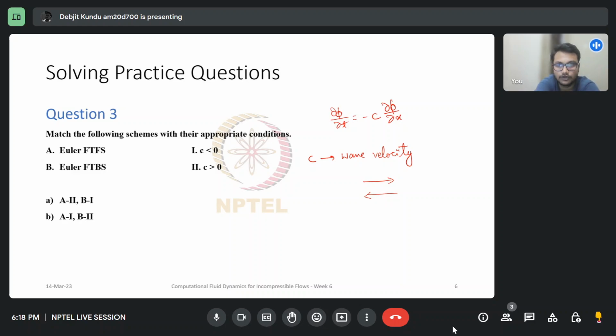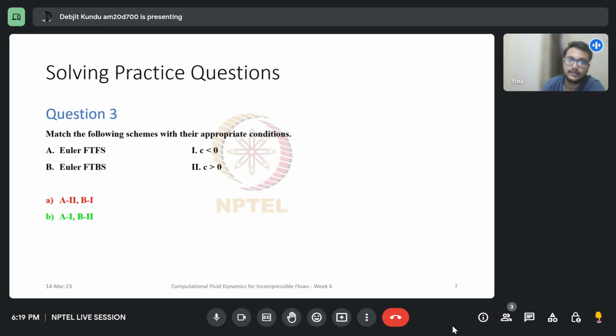And we have only two options. So we have A2 B1 and A1 B2, meaning FTFS is suitable for c less than 0 and FTBS being suitable for c greater than 0 is option B, and the other way around is option A. So let's have a look at the solution.